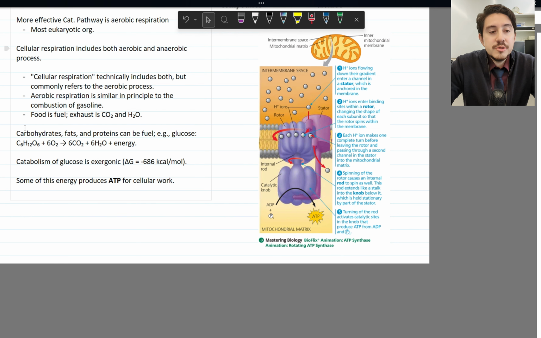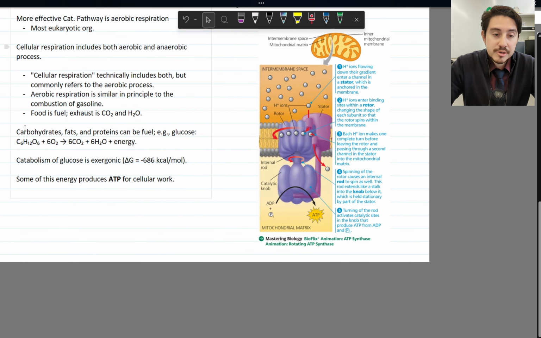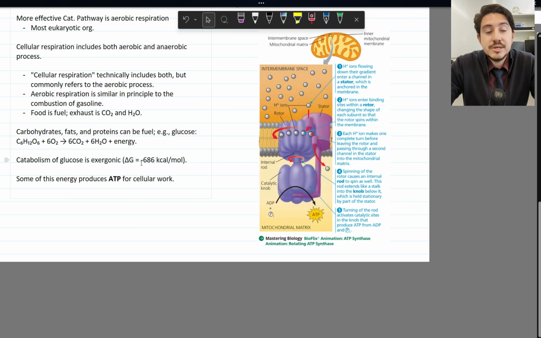There are different types of molecules that can be used as fuel: carbohydrates, fats, and proteins. We focus on, of course, glucose in cellular respiration, as that is what is being used. The catabolism of glucose is an exergonic process where delta G, that free energy change, is negative 686 kilocalories per mole.